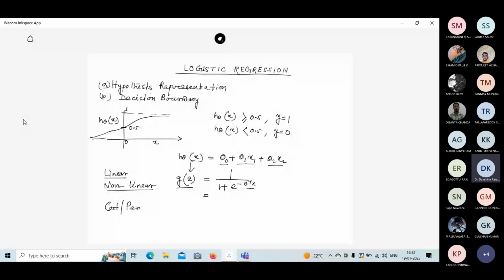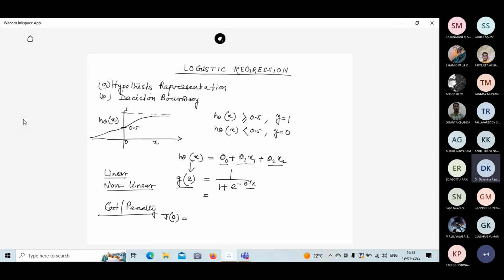Now, for that, we can use the error function for linear regression, and that error function can be used for logistic regression also. And we will see how logistic regression function behaves when the error function which is used in linear regression is incorporated into logistic regression function.